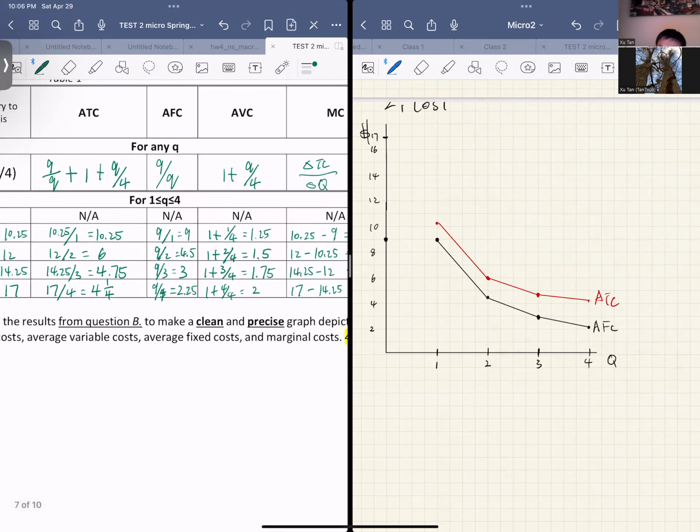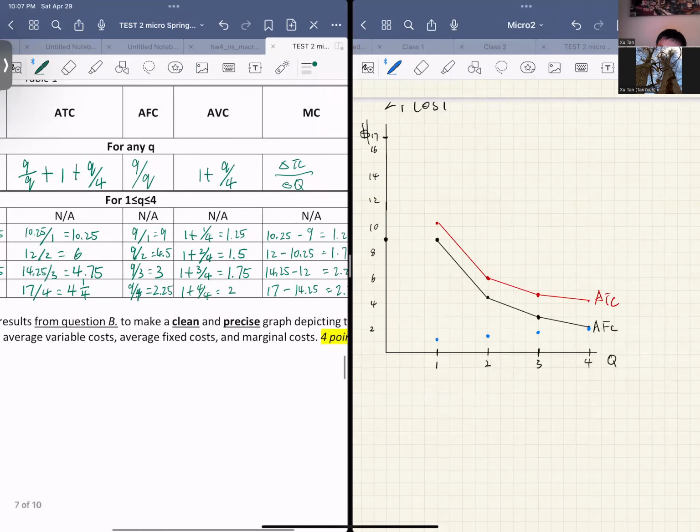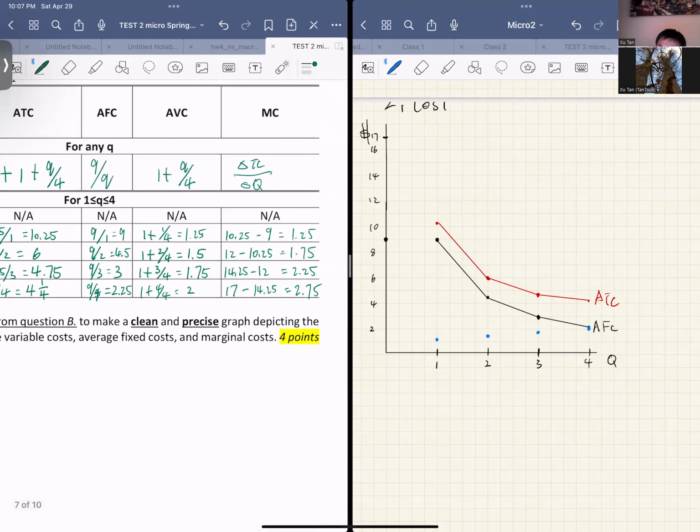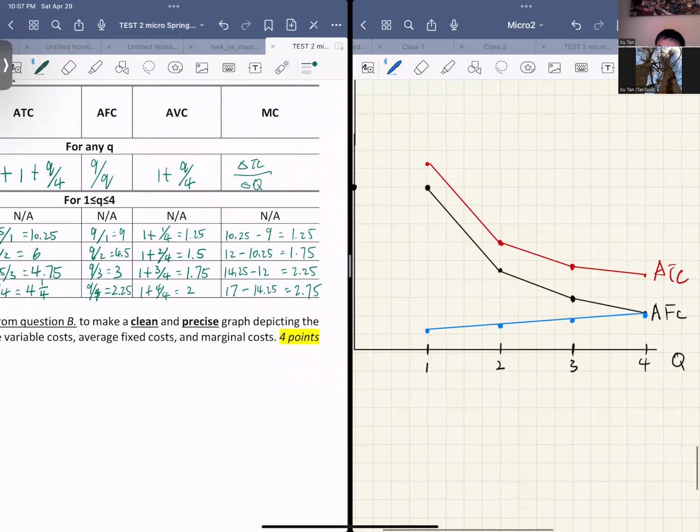So for 1 unit, we have 1.25, 1.5, 1.75, and 2. Slightly underneath the average fixed cost. A little bit not too accurate, but it's accurate enough.